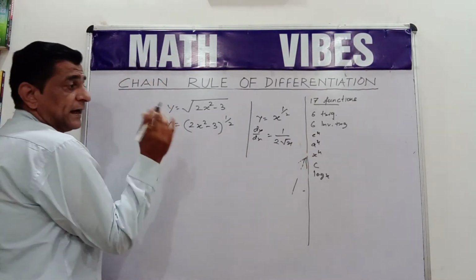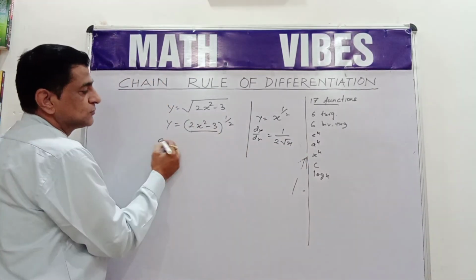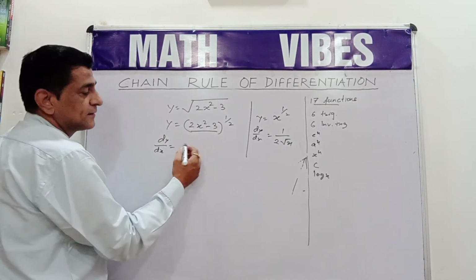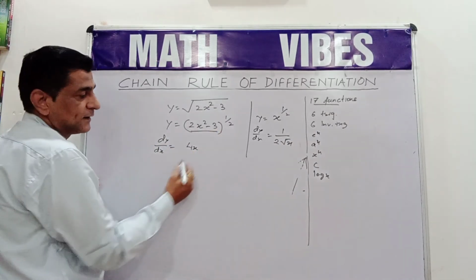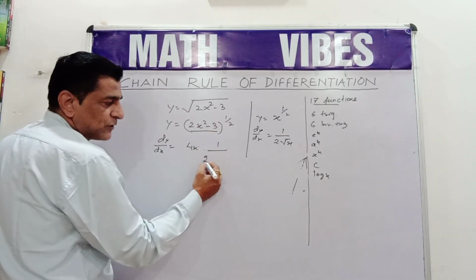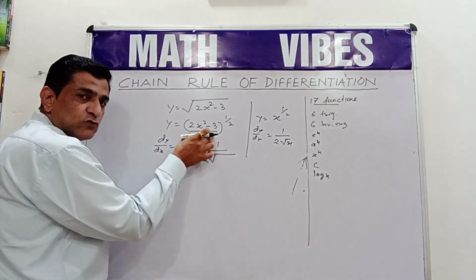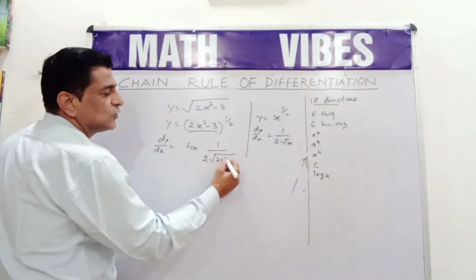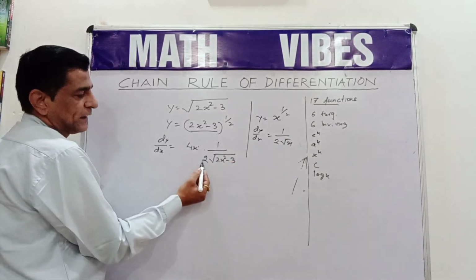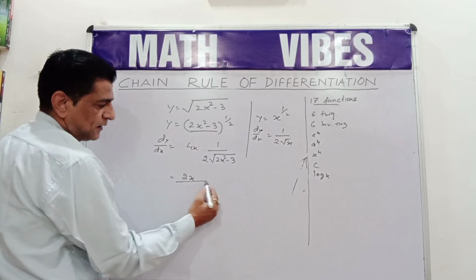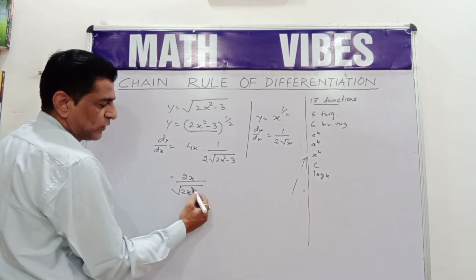So here in place of x we have this. The derivative of 2x square minus 3 is 4x. And the derivative of x raised to power half is 1 by 2 root of whatever is there in place of x, that is 2x square minus 3. So we can simplify this to 2x by under root of 2x square minus 3.